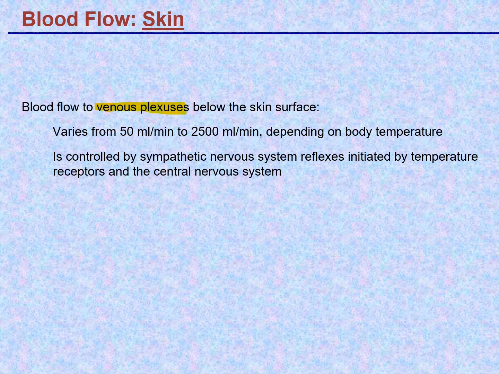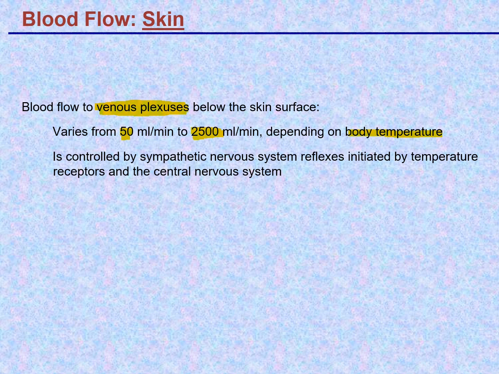And the flow can vary tremendously depending on body temperature. Here you see the range can be 50-fold, from 50 milliliters per minute to 50 times that, which is 2,500 milliliters per minute.